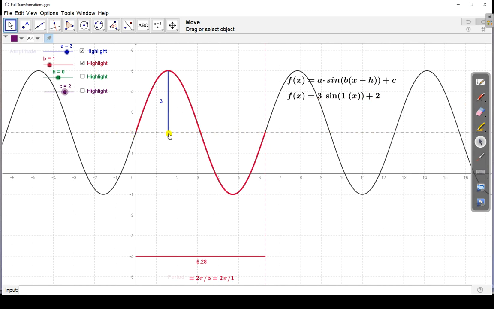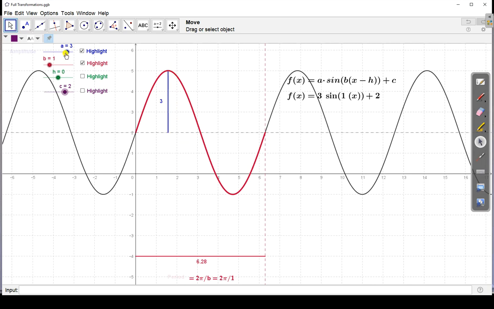From that 2 value, I go my amplitude up, so 2 plus 1, 2, 3 lands me at 5. Or if I start at that 2 and then go down 3, minus 1, minus 2, minus 3, puts me at negative 1. So the wave still goes up 3 and down 3, but that makes it land at positive 5 and negative 1.